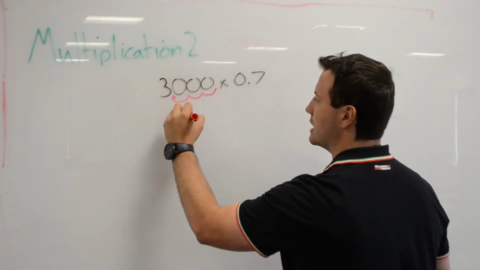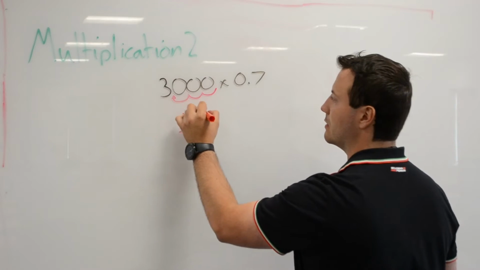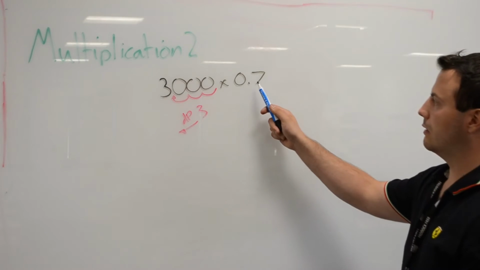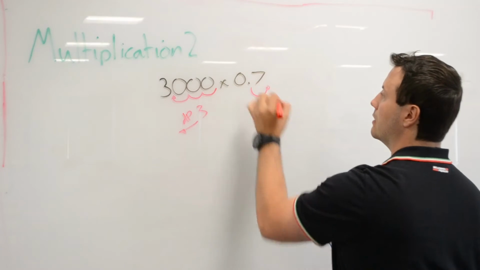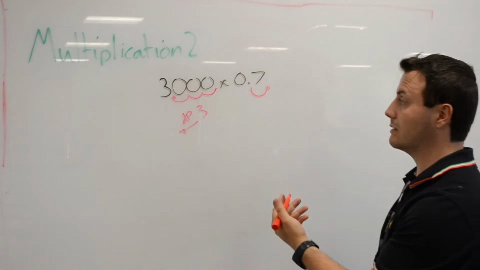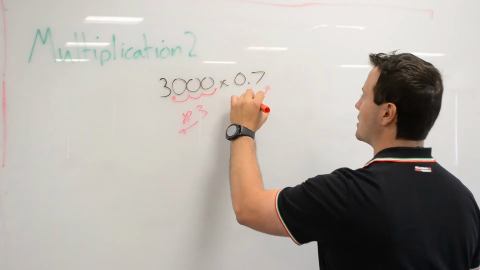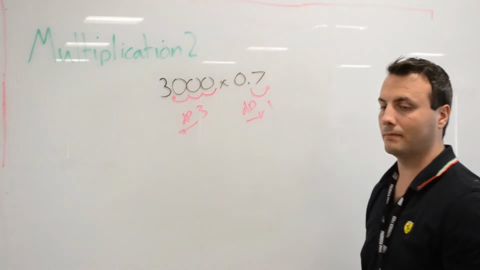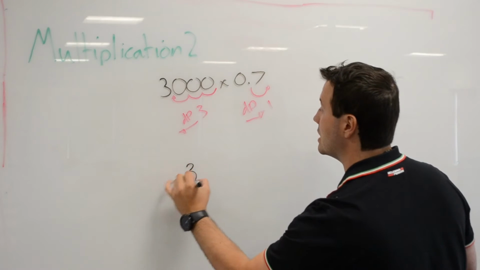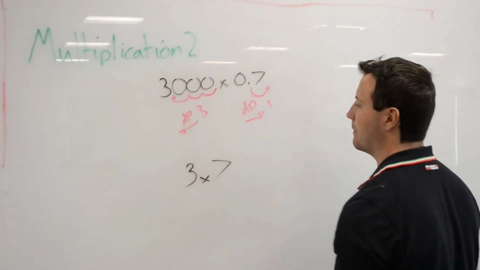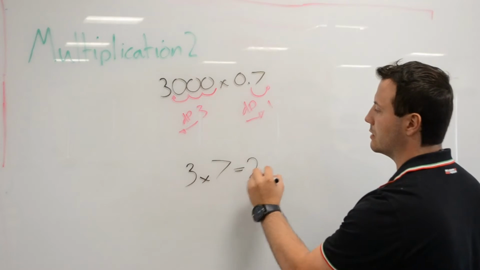So just make a note, decimal point moves to the left by 3. What about 0.7? Well, we can move that one place to the right to get rid of that decimal point. This is decimal point to the right by 1. So that turns our question into 3 times 7, which is 21.